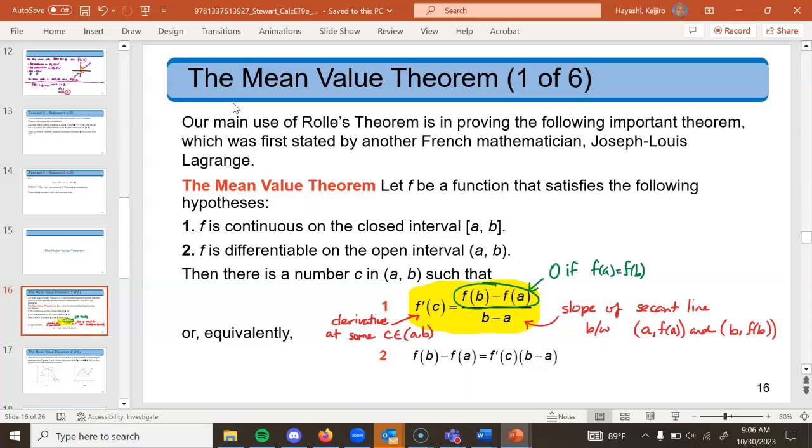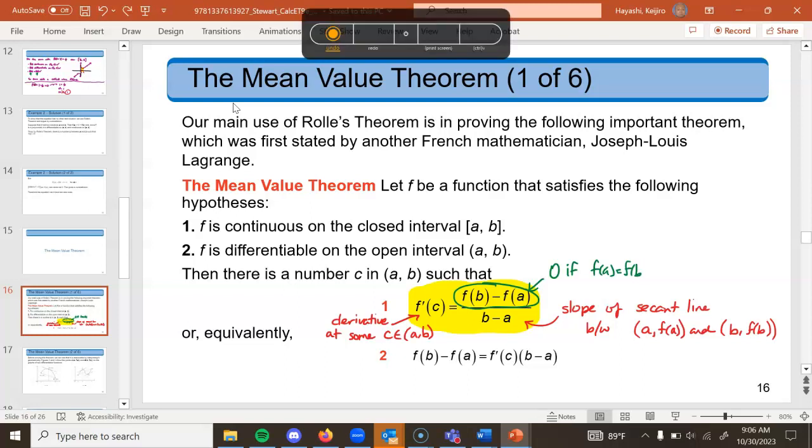And well, that was what Rolle's theorem was. We added the extra condition that f of A equals f of B, and then we said we should be able to find some place where f prime of C equals zero. But you can go further than that. You don't need to guarantee that f of A equals f of B in order to make use of a theorem like this.